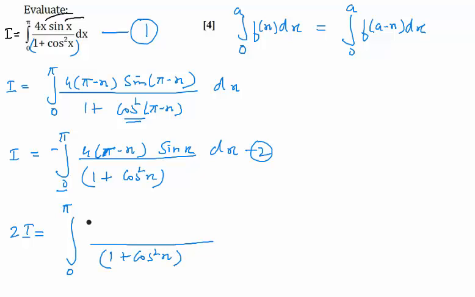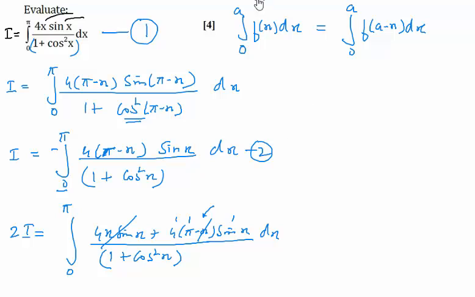And now the numerator will become 4x sin x plus 4 into (pi minus x) sin x, dx. In this case, my 4x sin x gets cancelled with the minus 4x sin x which I will get after opening this bracket. So I will be left with 4 pi sin x, right?